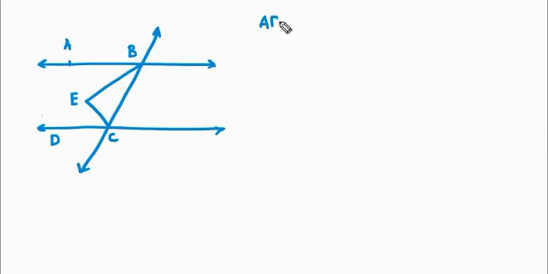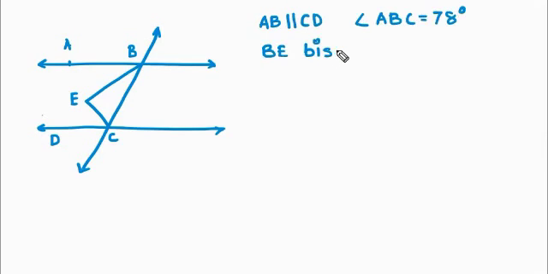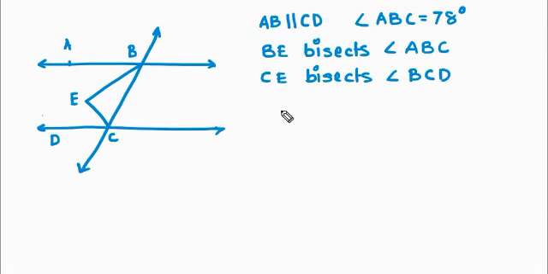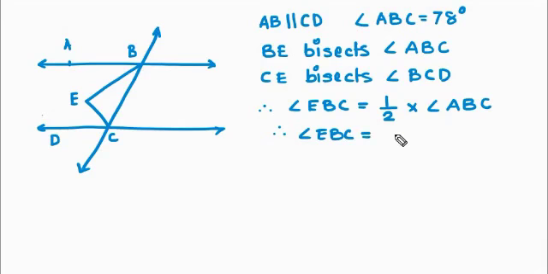Given is... So now because BE bisects ABC, angle EBC is equal to half of angle ABC. Half, because it bisects, and therefore 39 degrees. Let this be our equation 1.